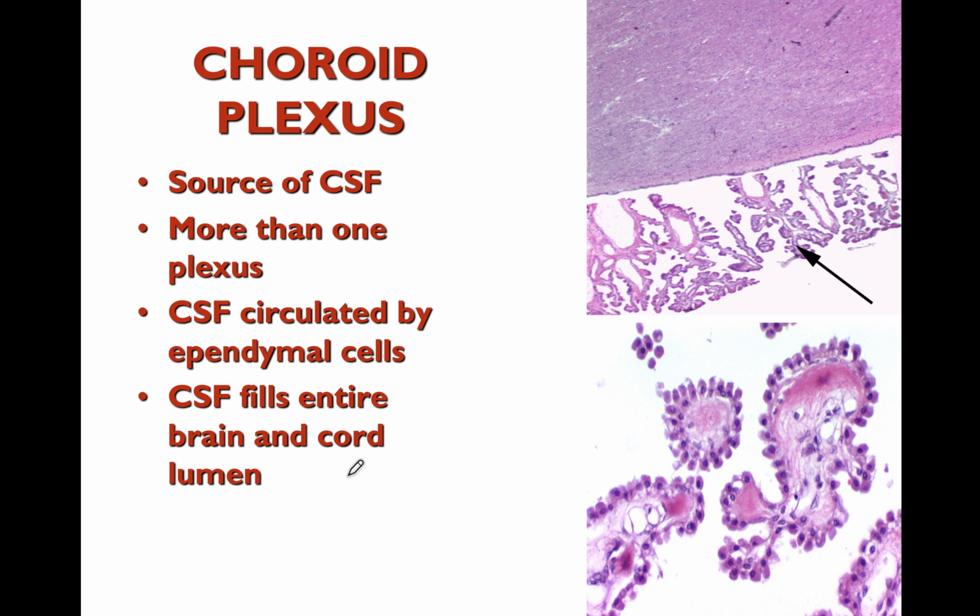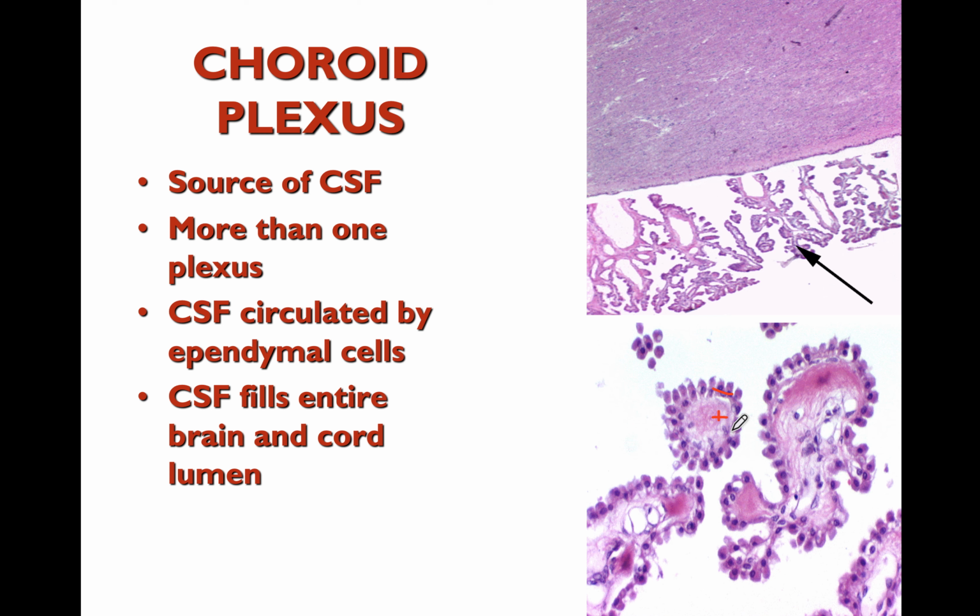The last thing I want to talk about is the choroid plexus. The choroid plexus consists of these cells with the blood vessels, blood capillaries. As we know, these ependymal cells with the blood vessels form a structure we call the choroid plexus, which is responsible for production of the cerebrospinal fluid.